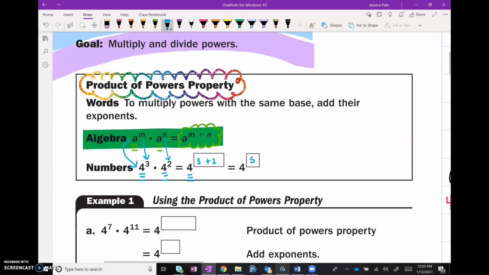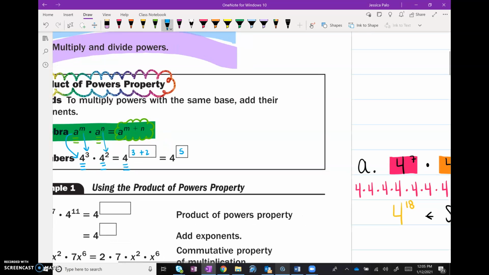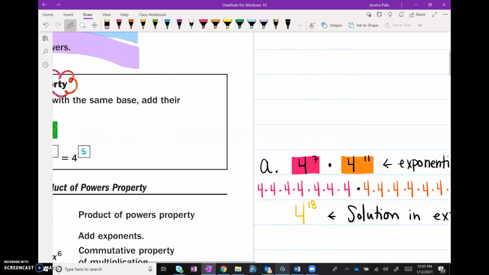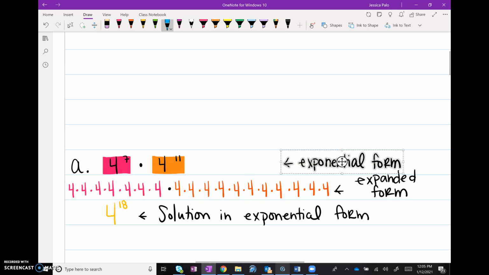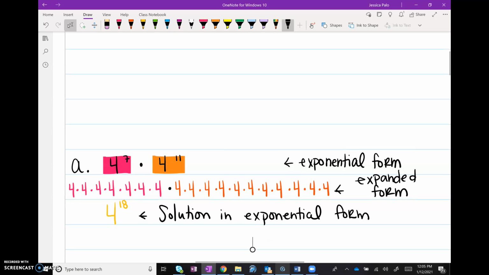So if that's the rule, numbers with the same base and different exponents, how could we find 4 to the 18th power in a more simplified way? I could solve 4 to the 7th times 4 to the 11th without writing 4 times 4 times 4 eighteen times. How am I going to do that?